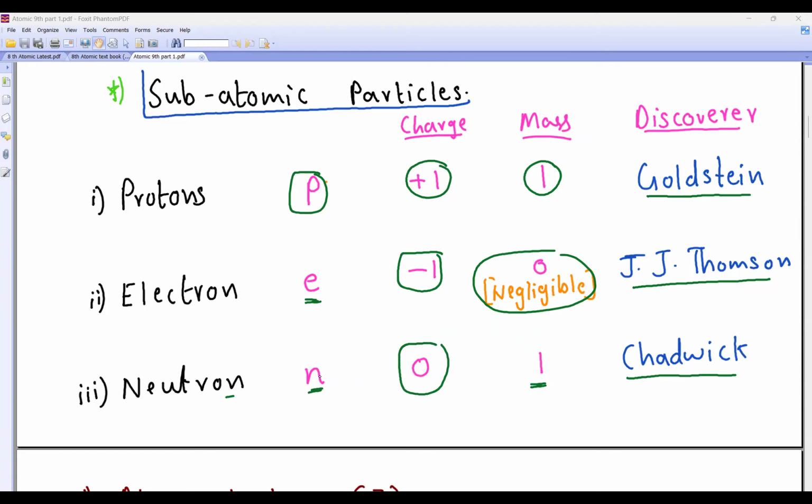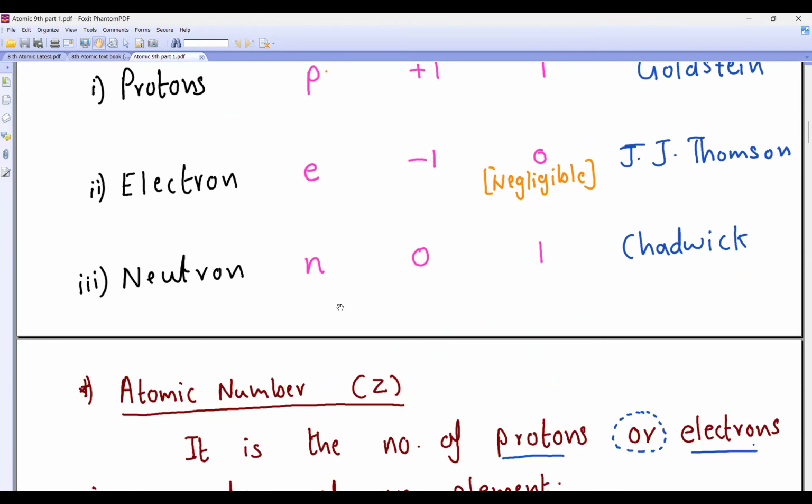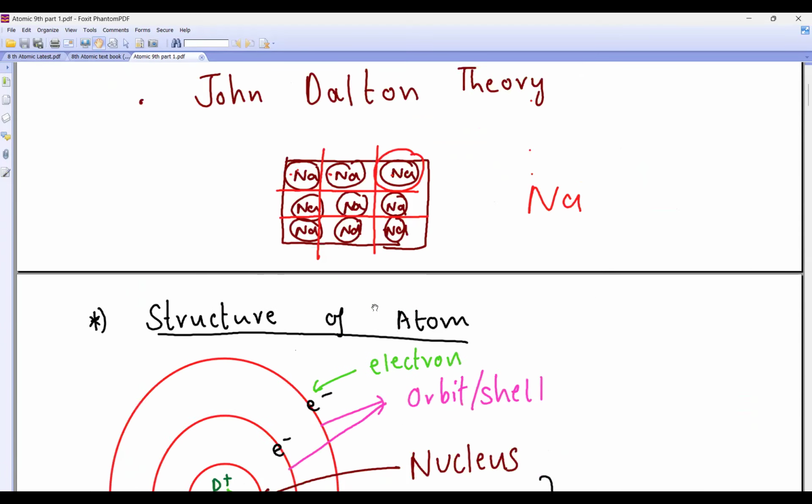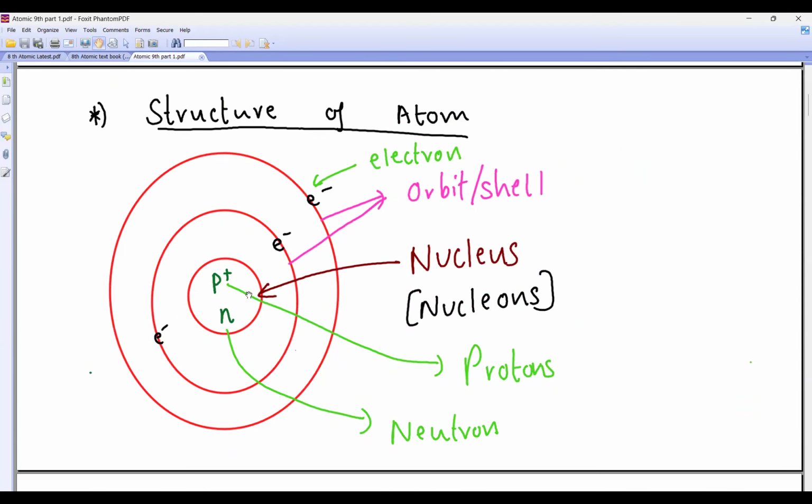Then, beta, we studied atomic number. Those who have joined now, I'm just revising what we have done. We started with atomic structure, Dalton's theory. Then we studied the structure of atom. At the center we have the nucleus. Inside the nucleus, we have proton, which is positively charged, and neutron, no charge. Around this are orbits or shells, in which electrons revolve.